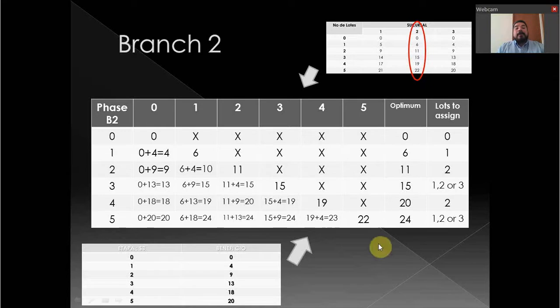So 6 plus 4 is 10. So the benefit of having 2 lots in branch number 2 and assigning 1 is 6 plus 4 equals 10.